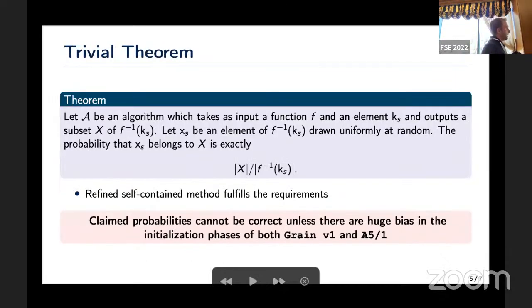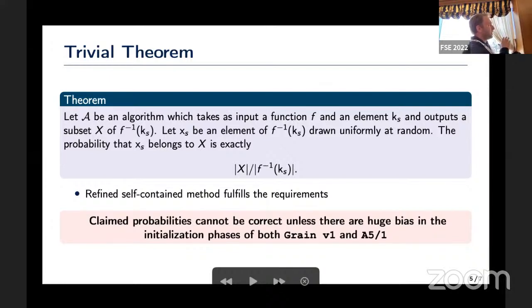This is because of a very trivial theorem, which says that if you have an algorithm which takes as input a function f and an element of the image of f, and which outputs a subset X of the pre-image of this element, and now if you draw uniformly at random an element of the pre-image, then the probability that this element belongs to X is exactly the size of X divided by the size of the pre-image.